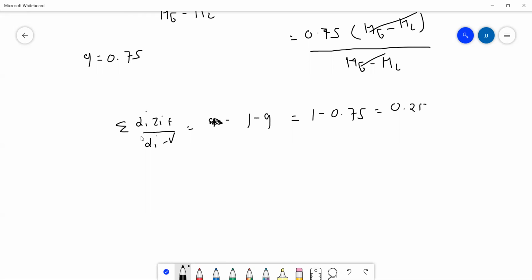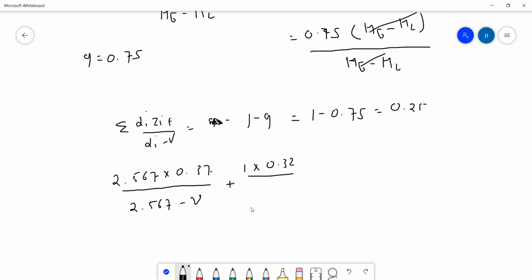For n-butane, the relative volatility is 2.567 multiplied by its mole fraction in feed, 0.37, divided by 2.567 minus theta. This is for one component. Plus, for isopentane, the relative volatility is 1 and the mole fraction in feed is 0.32, divided by 1 minus theta.